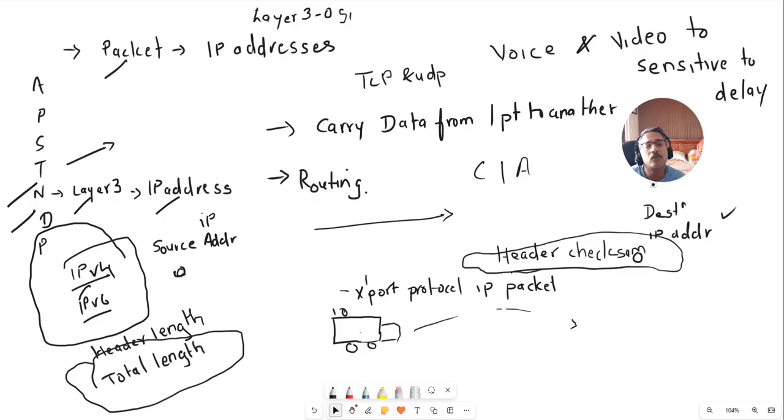So what will that guy do? He will disassemble that entire sofa, convert it into a few pieces, and then put it into the truck. Again, when the truck reaches the destination, he will reassemble everything. The same thing happens with your IP packet.